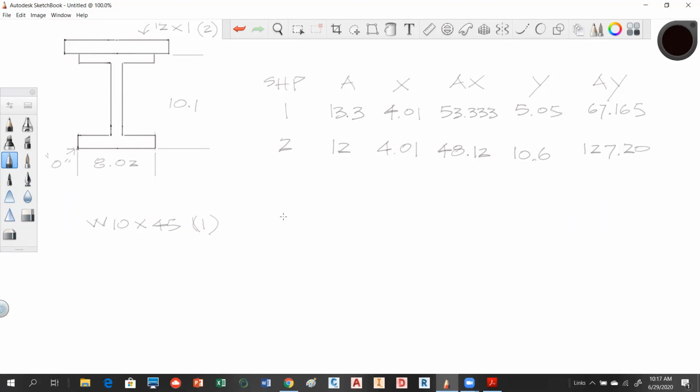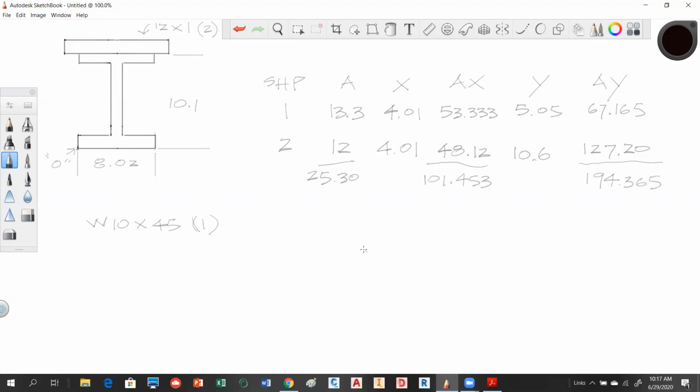Okay, so we have everything we need, so we can now do our sums. So we'll sum the area, 25.30, sum the AXs, 10.453. We're going to sum the AYs, 194.365.